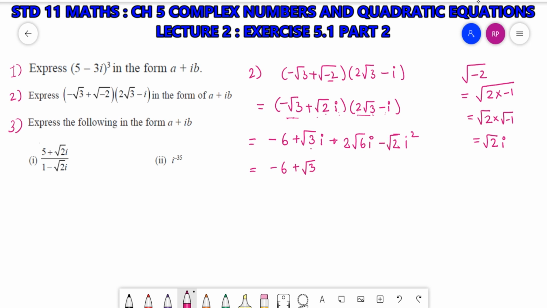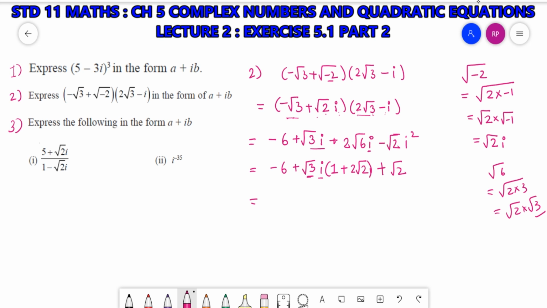I can take root 3i common here. So this will be equal to 1 plus 2 root 2. Okay, how? Because root 6 I can write as 2 into 3, so that will be root 2 into root 3, and root 3 I have taken common, and also the i. So it will be 1 plus 2 root 2, minus root 2. Value of i square is minus 1, so it will be plus.